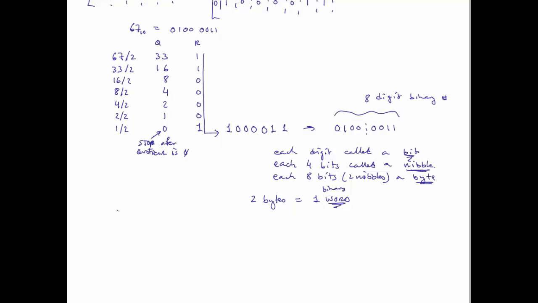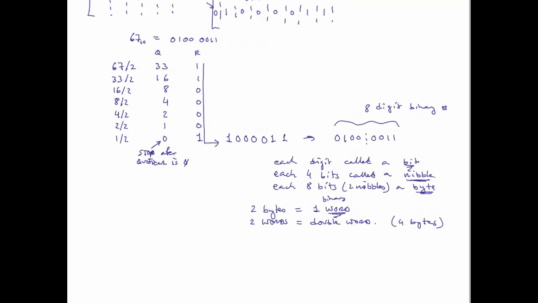So typically we have bit, nibble, byte, and word. And if you go bigger than that, you'd say there's 2 words is equal to, usually they'll call it a double word. And so this is actually 4 bytes. And we'll stop there for now.